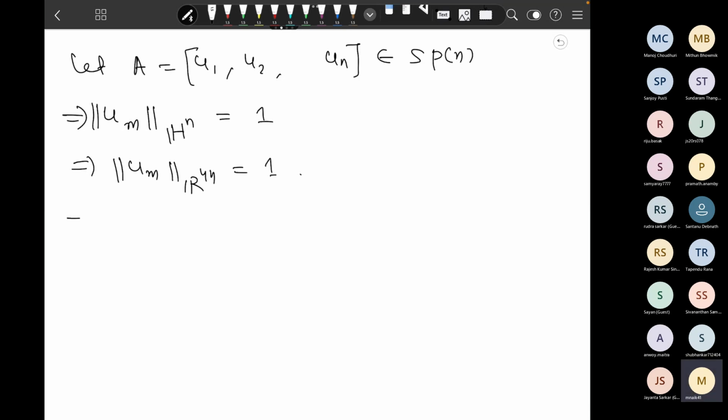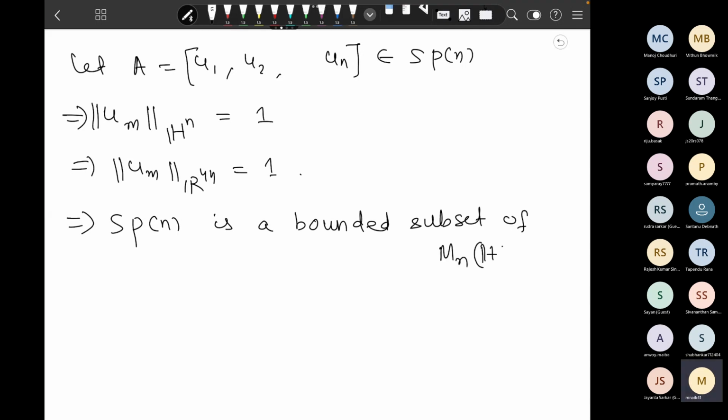So that means Sp(n) is a bounded subset of M_n(H).